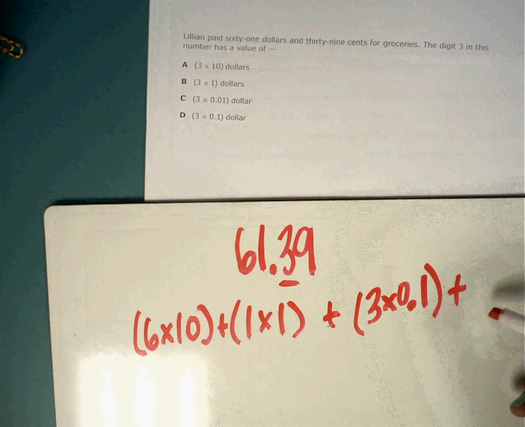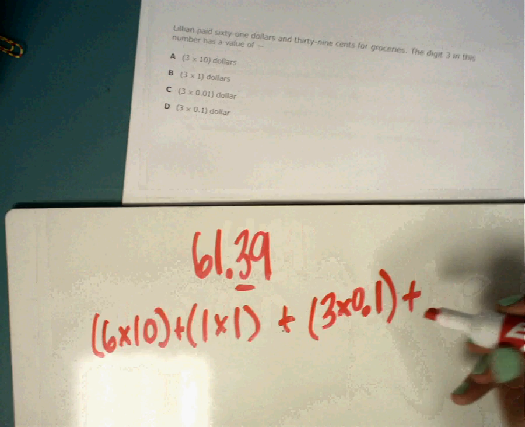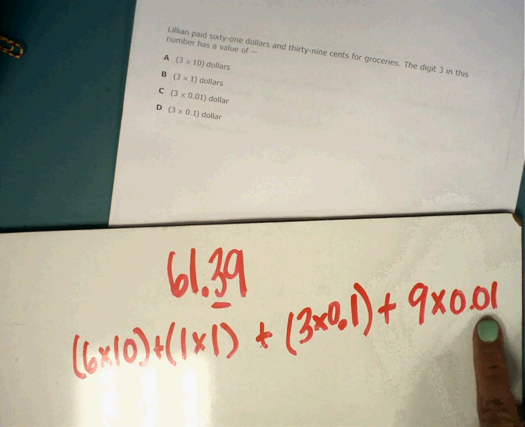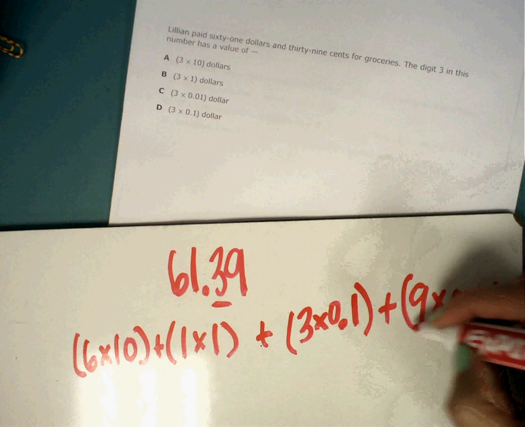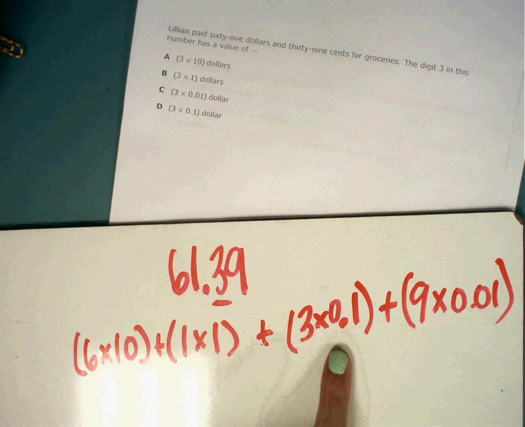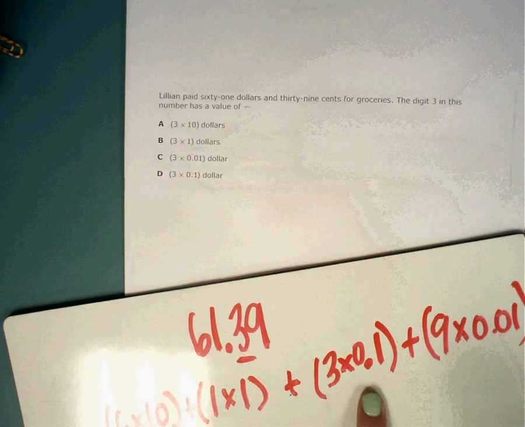Plus 9 hundredths. So it would be 9 times 1/100th. Do you see what I did there? Okay? So the answer becomes, they're looking for this 3 though, so that would be D right there. All right, moving on.